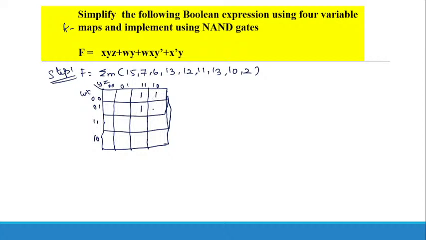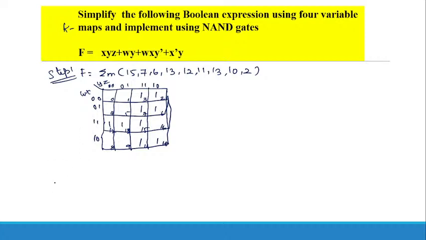Since it is a min term, it will be like this. If I'm not wrong. So after plotting it in the respective cell values 0, 1, 2, 3, 4, 5, 6, 7, 8, 9, 10, 11, this is 12, 13, 15, and this is 15.